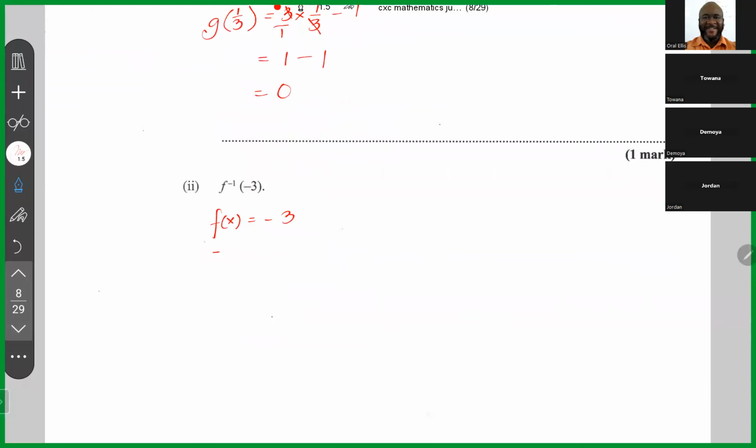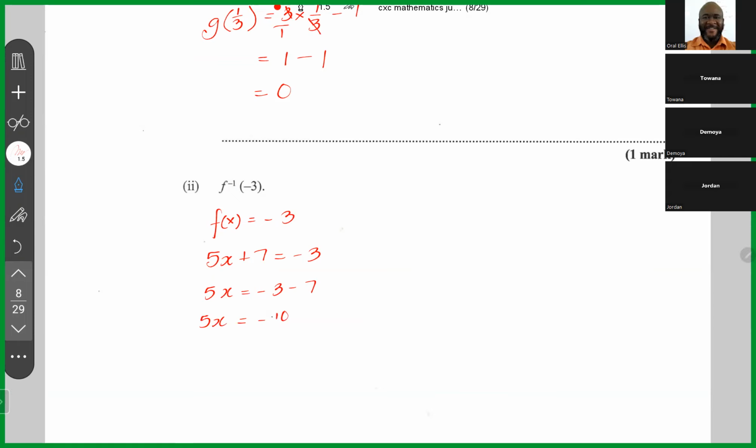So 5x plus 7 is equal to minus 3. 5x would be equal to minus 3 minus 7. Positive 7 on the left goes over to the right and becomes negative. 5x is equal to minus 10. Minus 3 minus 7 is minus 10.